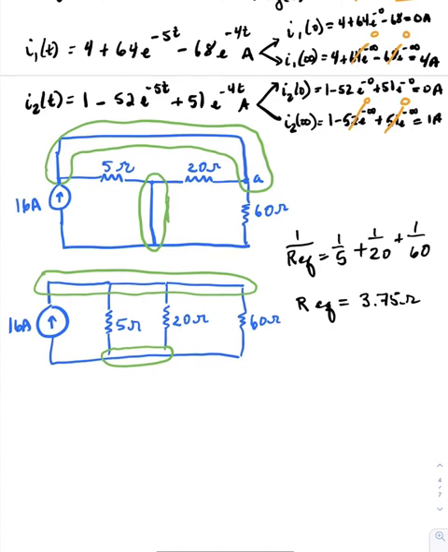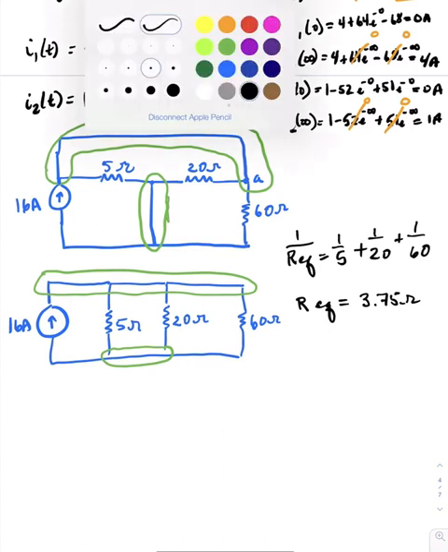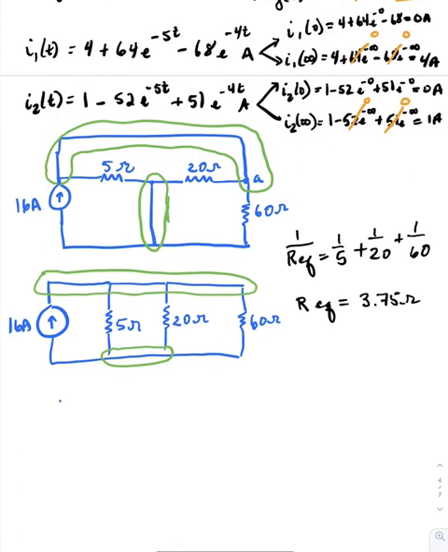And let's redraw the circuit. So we have 16 amps and 3.75 ohms.